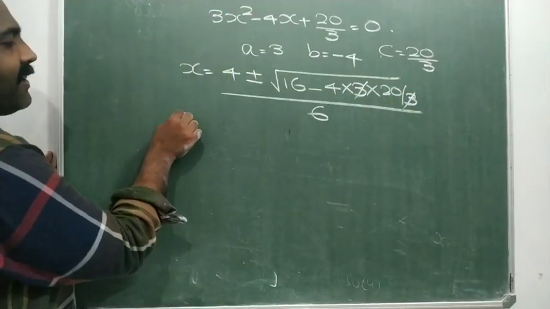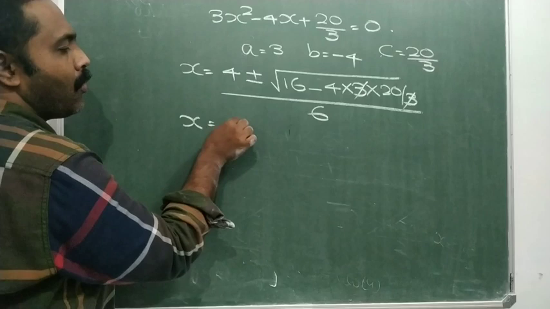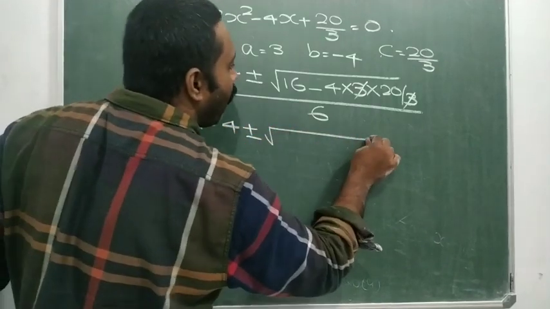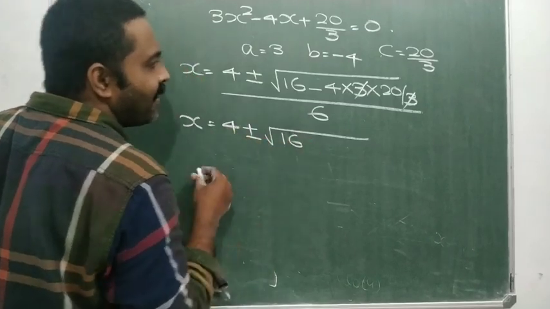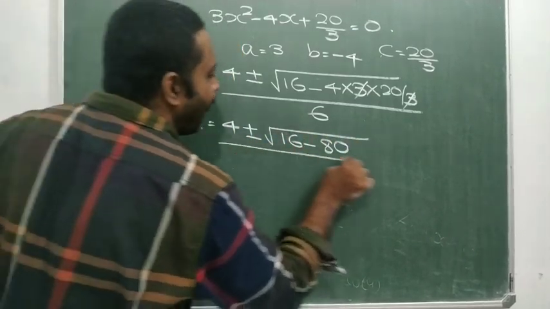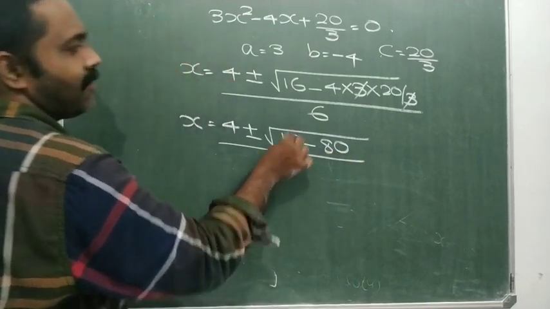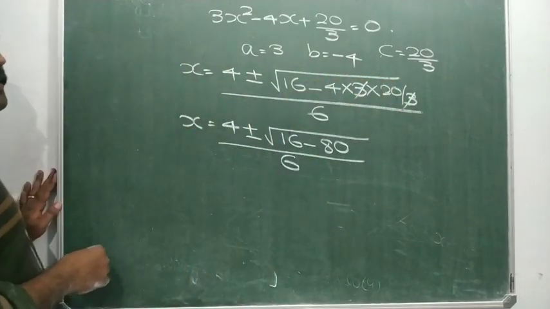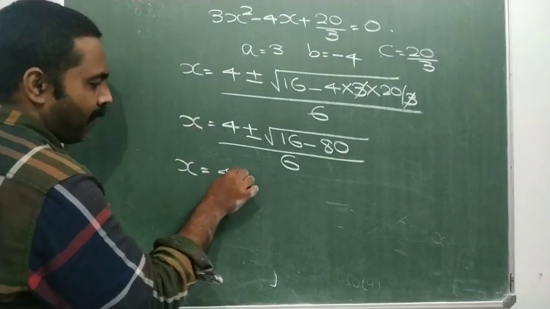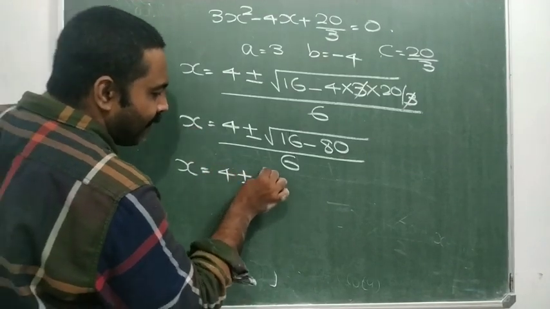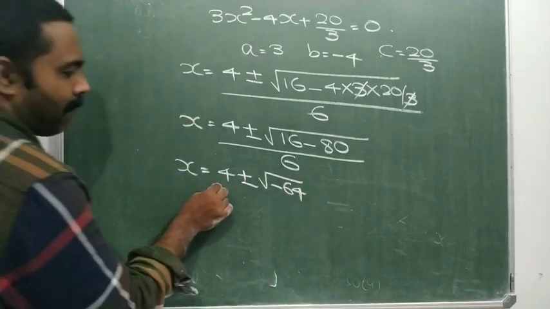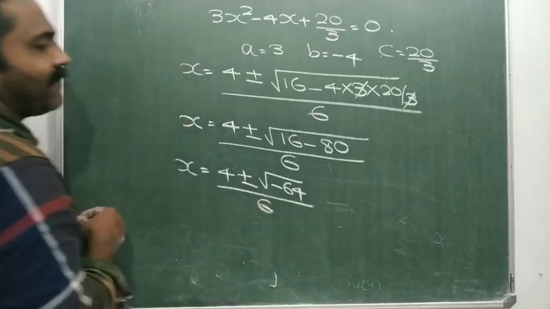That is x is equal to 4 plus or minus root of 16 minus 80 by 6. Minus 4 into 20 is minus 80. Then x is equal to 4 plus or minus root of minus 64 by 6.